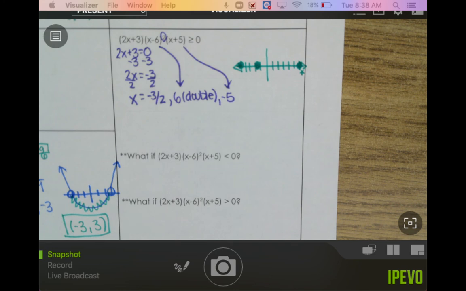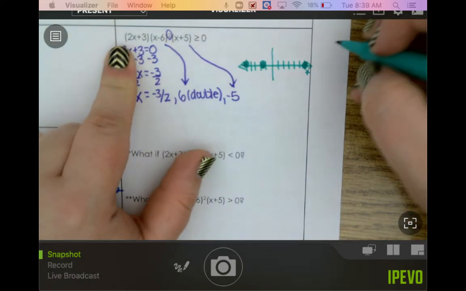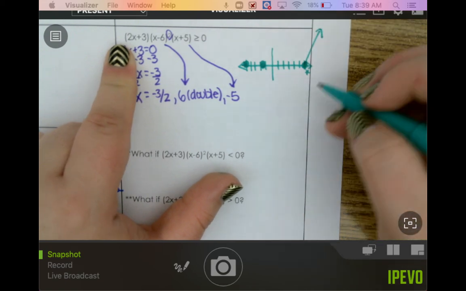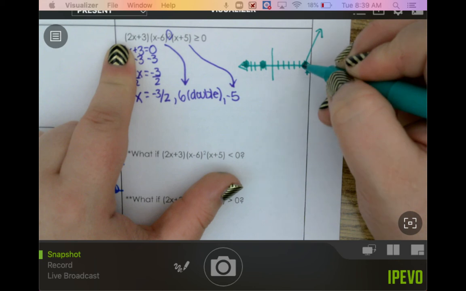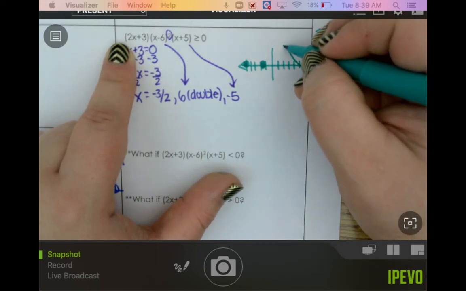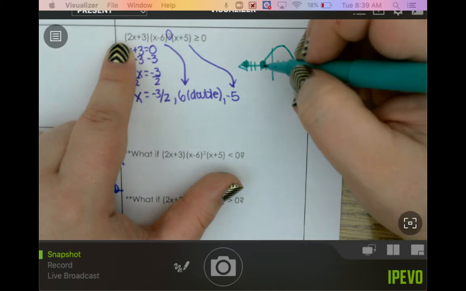That's just like a trick or a tip that I've seen other people use that helps them. Okay, there's no negative out here, so this side goes up. Since that is the double, it doesn't go all the way down. It crosses or bounces back up like this, crosses through this one, and through the next one.